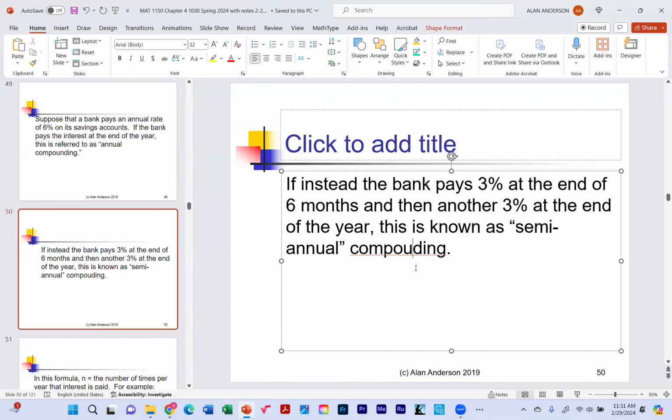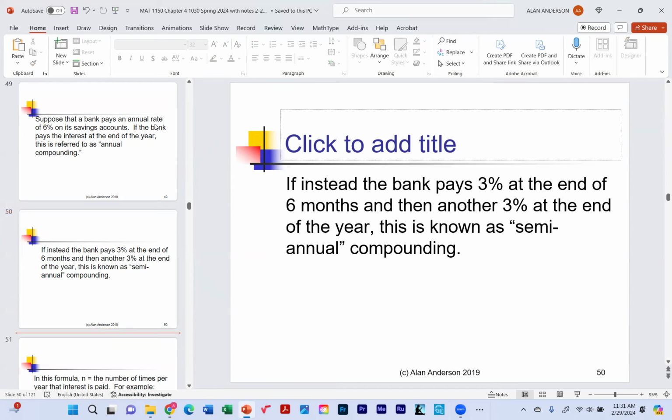Semi-annual meaning twice a year. Interesting. In other words, instead of waiting the full year to give you 6, halfway through they give you 3, and then at the end another 3.